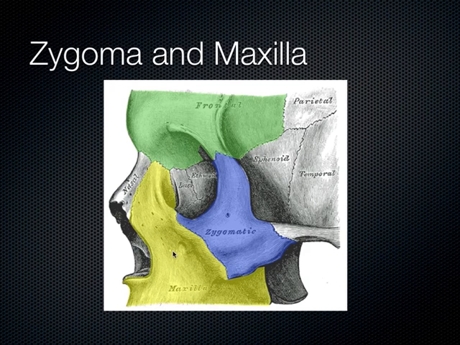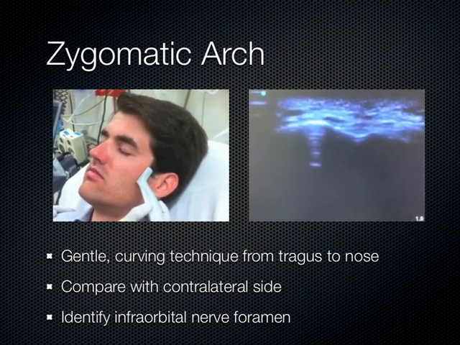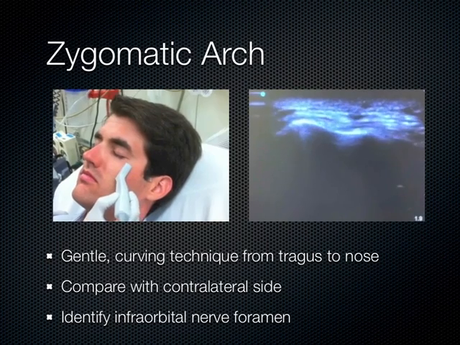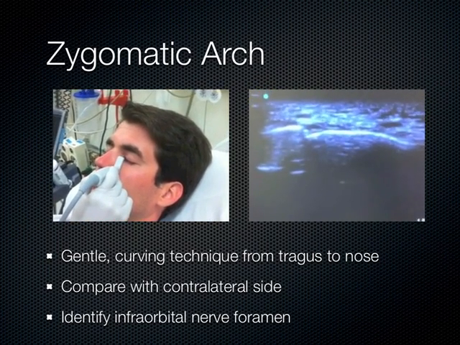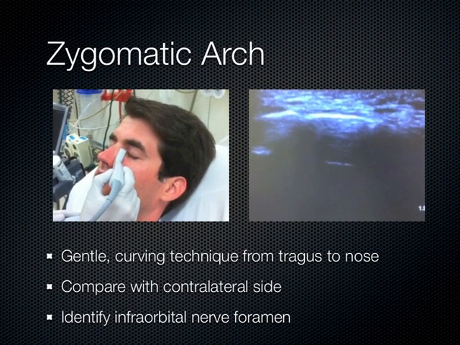So when we're looking for a fracture, specifically of the zygomatic arch, this is the technique that we're going to use. And here's Alan demonstrating that. You just take that gentle curving technique from the tragus of the ear all the way over to that nasolabial fold, and the good thing is you can compare it to the other side.